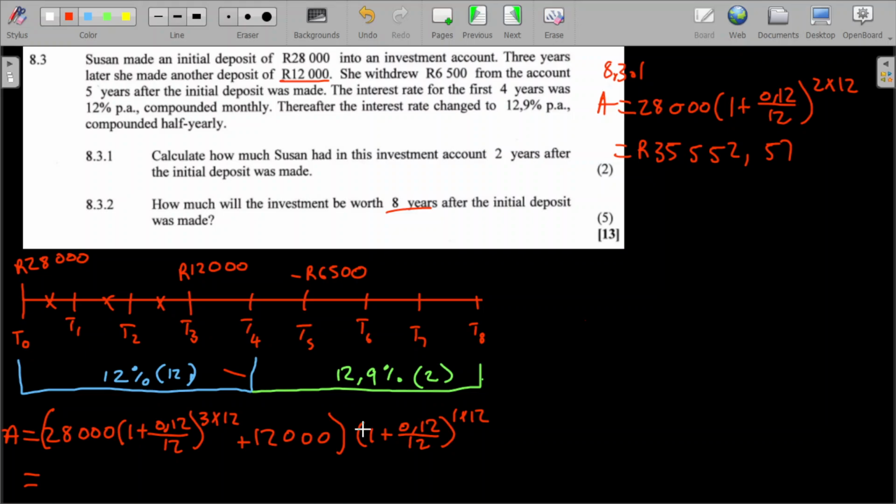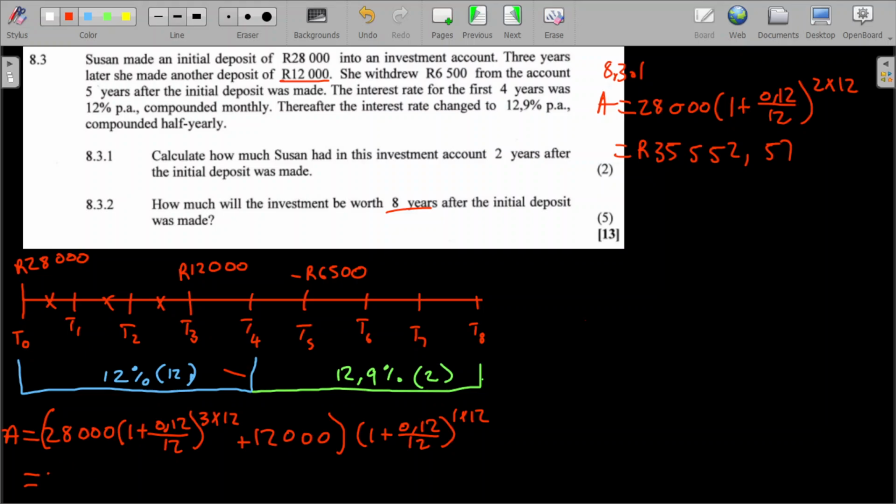So the first part of this question is 28,000 times 1 plus 0.12 over 12, to the power 3 times 12, and then add 12,000 times 1 plus 0.12 over 12, to the power 1 times 12.